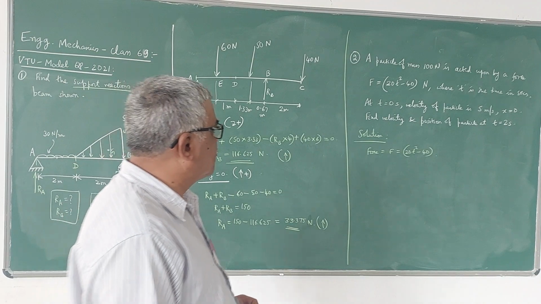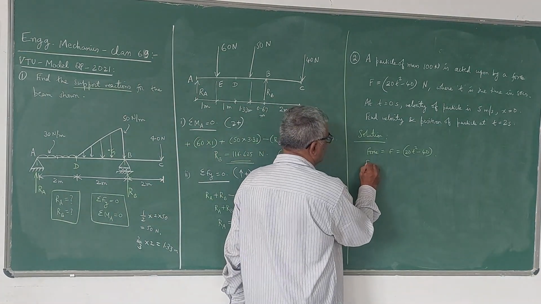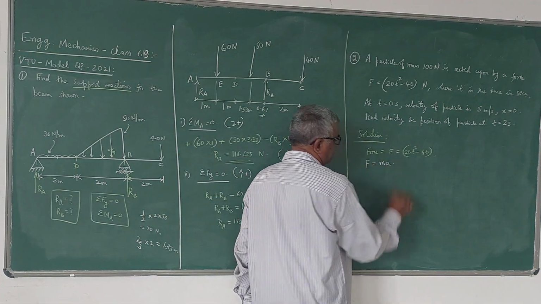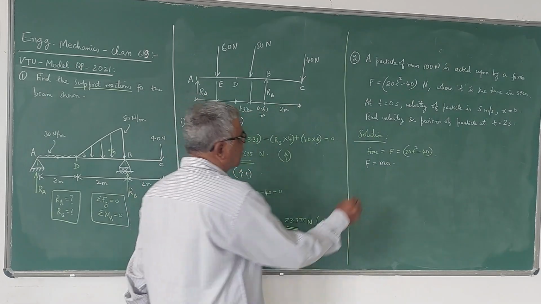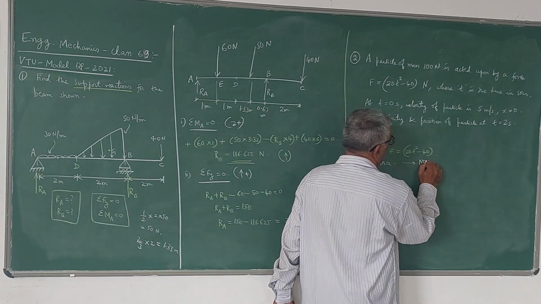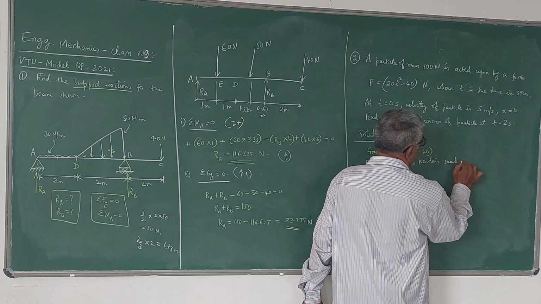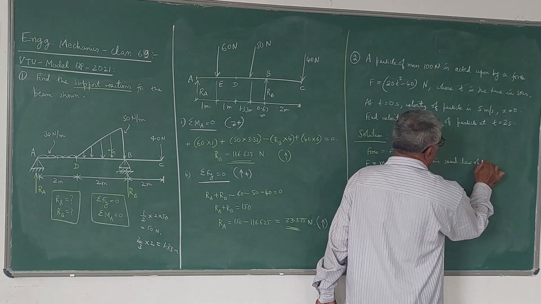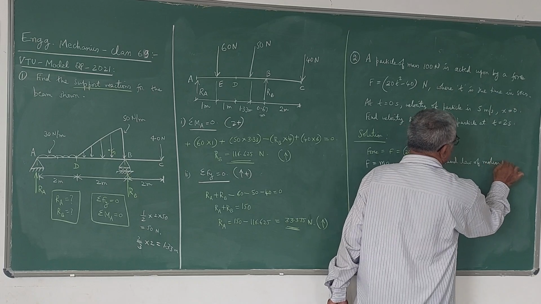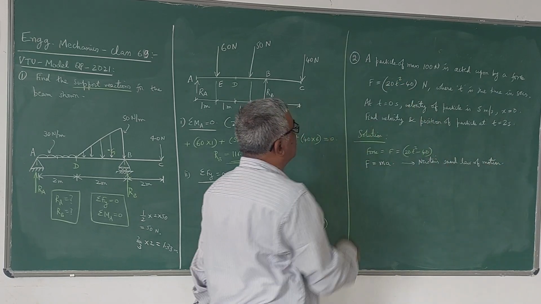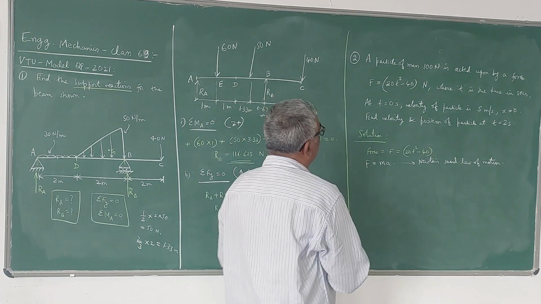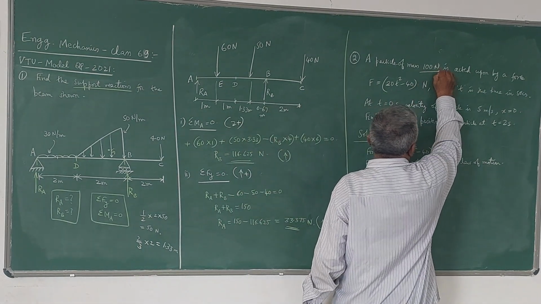But according to Newton's second law of motion, F is equal to mass into acceleration. Here the mass of the particle is given as 100 Newton, which is actually a weight.